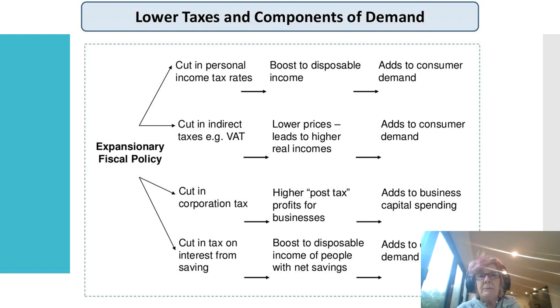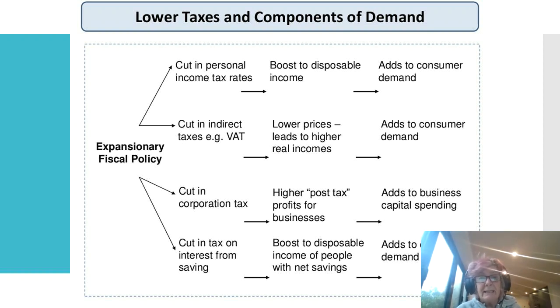We cut personal income tax rate, that boosts disposable income and adds to consumer demand or consumer spending. The same thing will happen if we cut indirect taxes such as VAT. That will lead to lower prices. People have more money to spend on other goods, and again that adds to consumer spending.